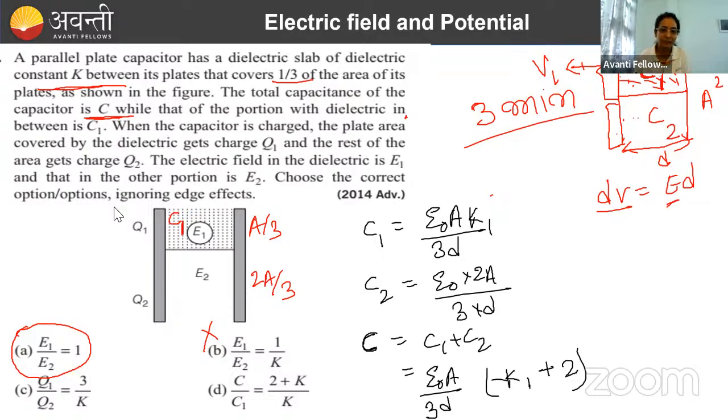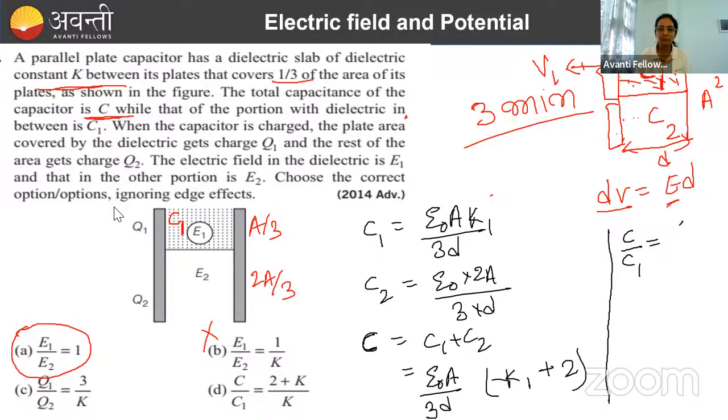C is this. Now the ratio of C by C1 will be equal to what? You just calculate the ratio of C by C1. So C is how much? Epsilon naught A by 3D, K1 plus 2. And C1 is how much? Epsilon naught A by 3D K. Done.